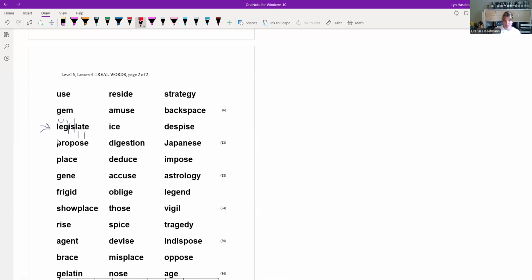It looks like I already have the word legislate divided up for students. This is actually not even divided correctly here. I would do the I sound by itself. Slate. Okay, so the job of the E, just to make the A say A. This I in the middle is short.